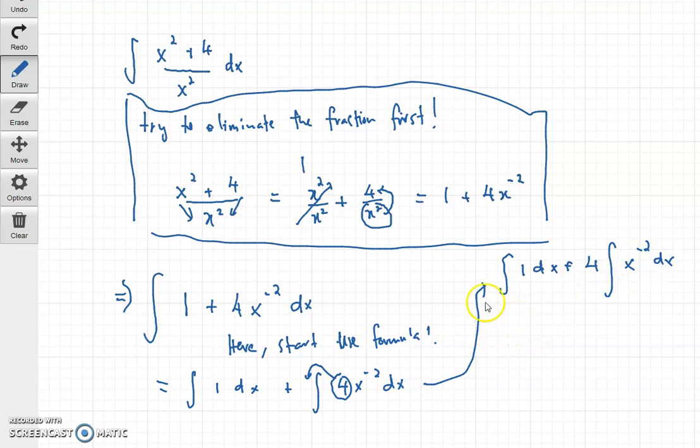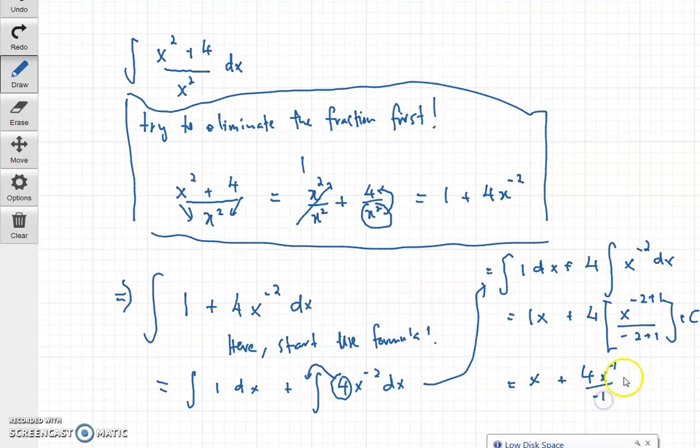I hope you still remember the formula. Integrate k dx gives you 1x plus 4 times x to the power of negative 2 plus 1 over negative 2 plus 1, and at the back a plus c. So 1 multiplied by x is x plus 4, negative 2 plus 1 is negative 1, over negative 1, plus c.